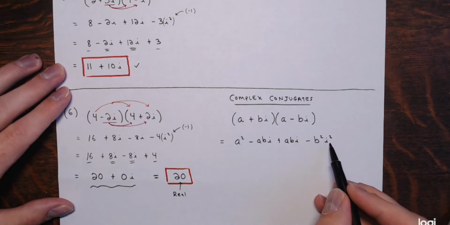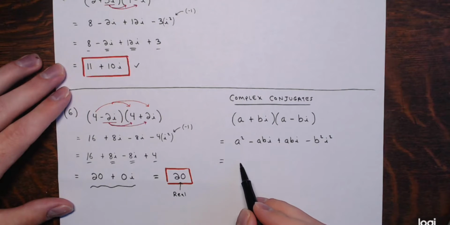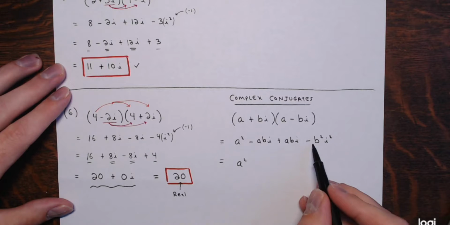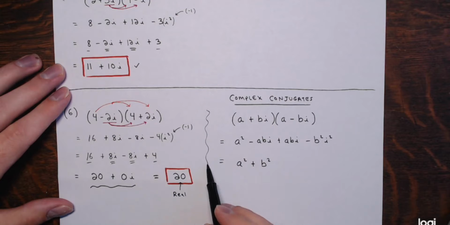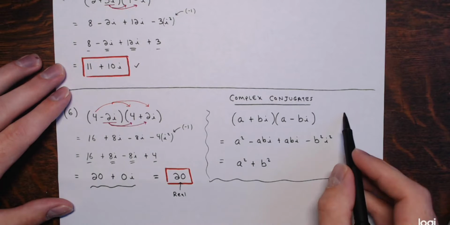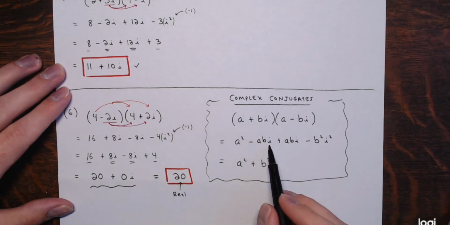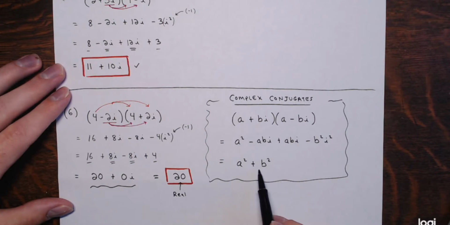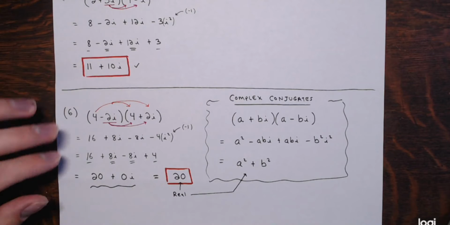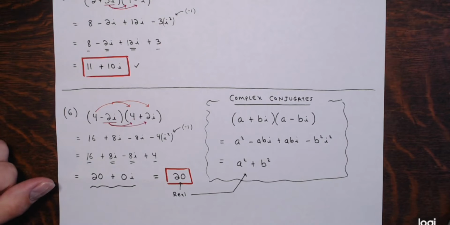But remember, i squared is negative 1. So what we end up with here is a squared plus b squared. Right? And no imaginary part. The imaginary numbers add up to 0, 0i. So you see I end up here with a strictly real number when we multiply complex conjugates.